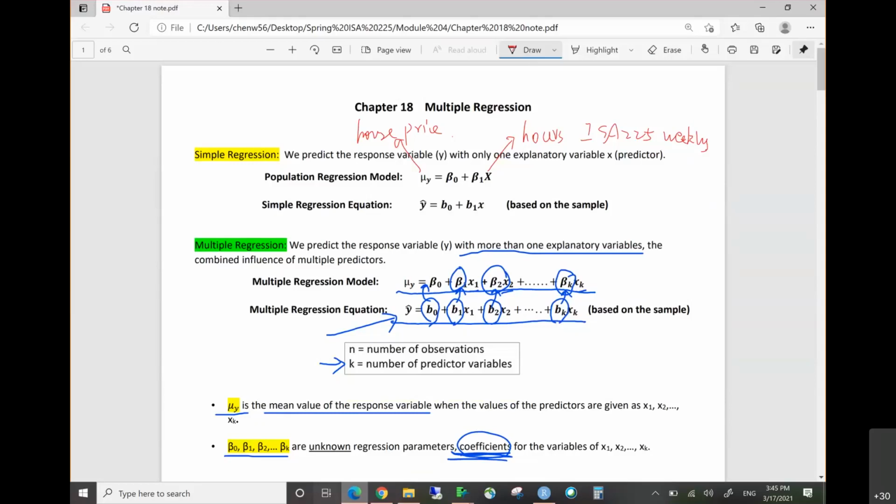But if I have a data set with a house price column and another column for the hours you study for ISA 225, whenever you put these two columns of data values into JMP, it can always produce an equation. Even though there's no relationship between these two, JMP cannot figure out whether there is any relationship.